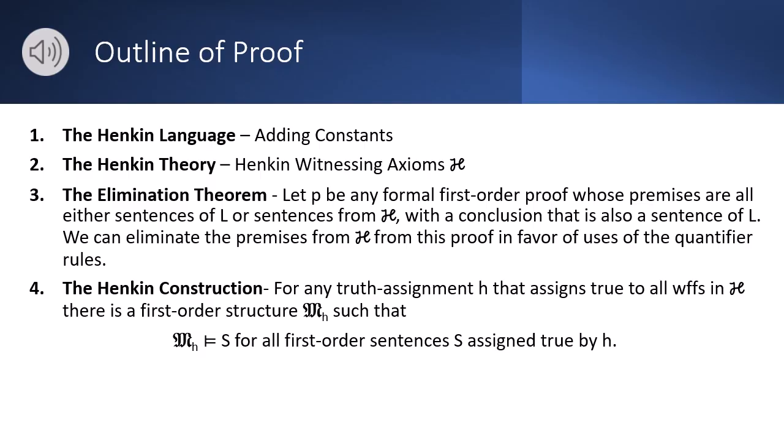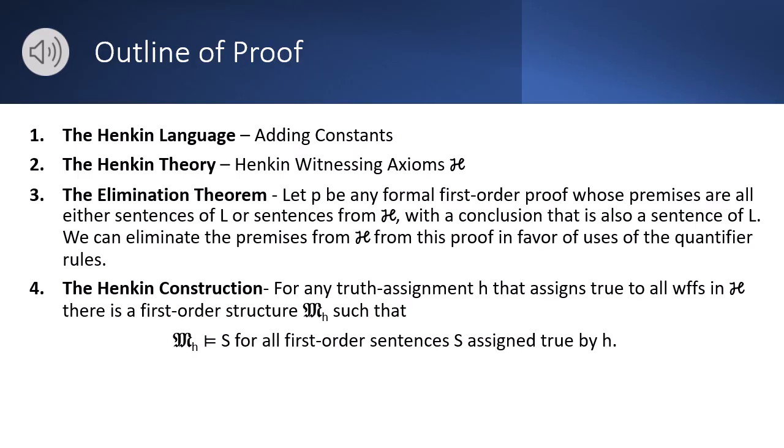And what happens is that for any truth assignment of the well-formed formulas that assigns this Henkin theory all true, so it marks all of those as true, then there is actually a first order structure based on that assignment that makes sure that the sentences S that are satisfied by this particular structure are exactly the ones that are marked as true by this truth assignment.